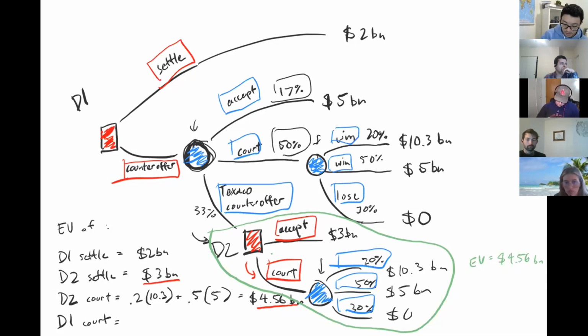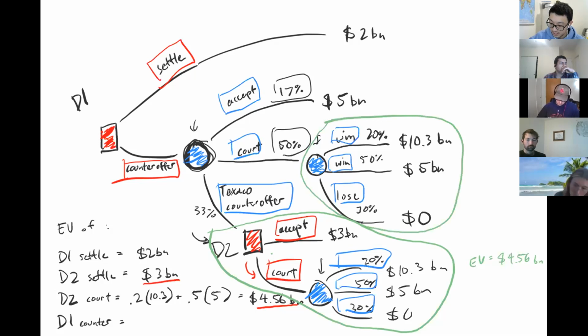Oops, I should write it like this: counter offer. And the other thing is that because the court cases are the same, we actually also know the EV of this is equal to 4.56 billion. And that's just because these are equal on both branches.